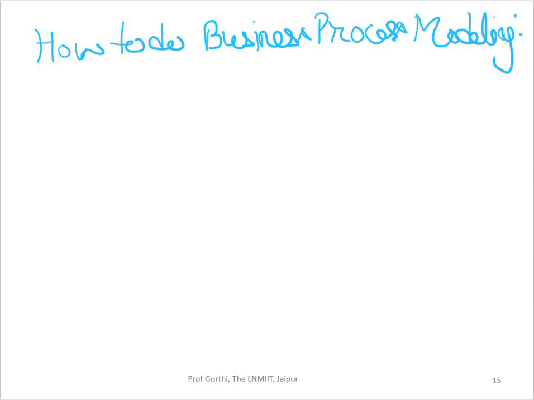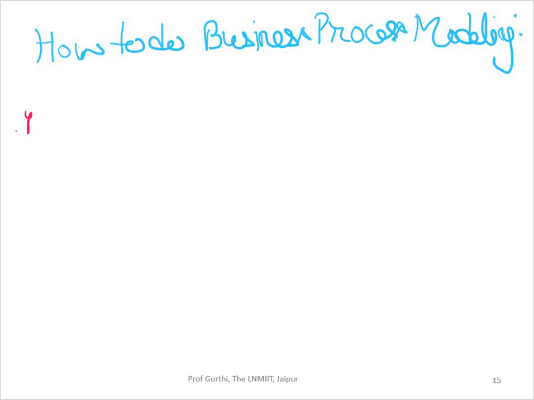See, the first point is that there is no one size fits all solution for business process modeling. At the end of the day, it really depends on what you are trying to achieve. So we have 3 steps.